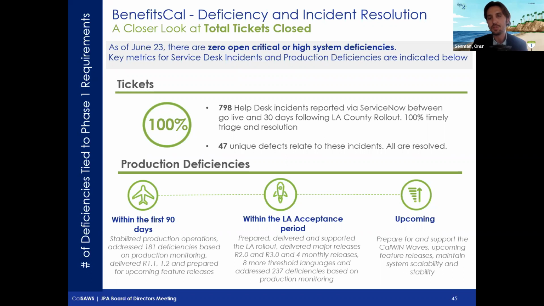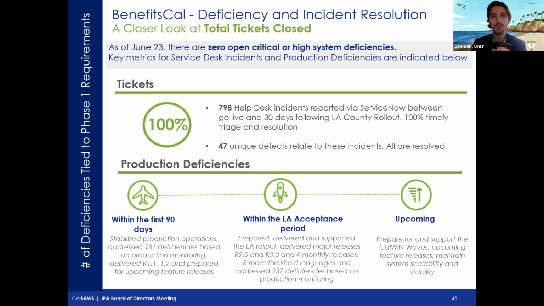You may also remember we had originally 12 threshold languages. With that addition of 8, now we have 20 languages supported by the system and available right now. During the production monitoring process following the LA County rollout, we resolved 237 deficiencies.